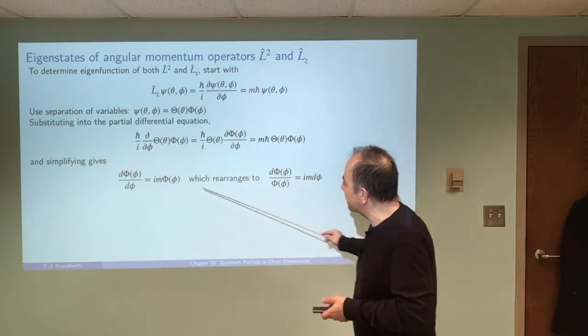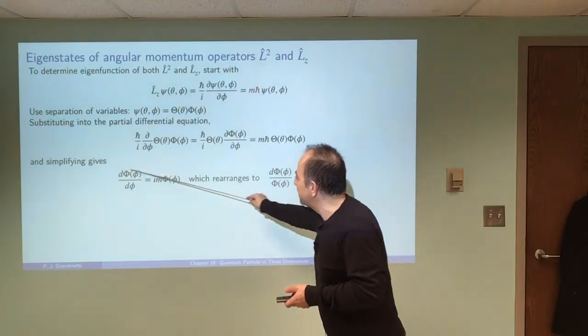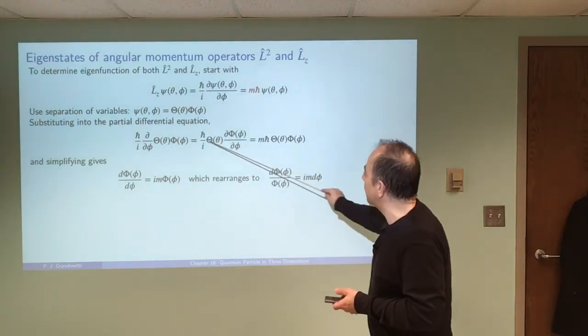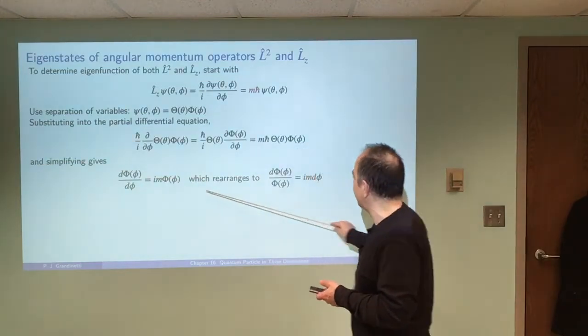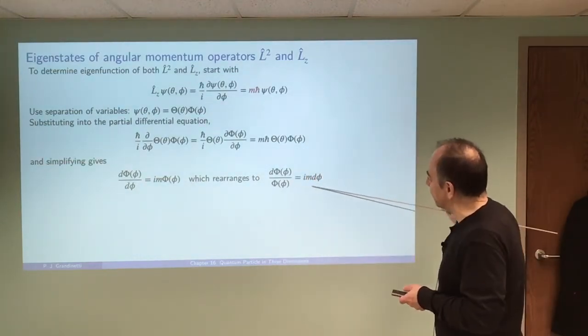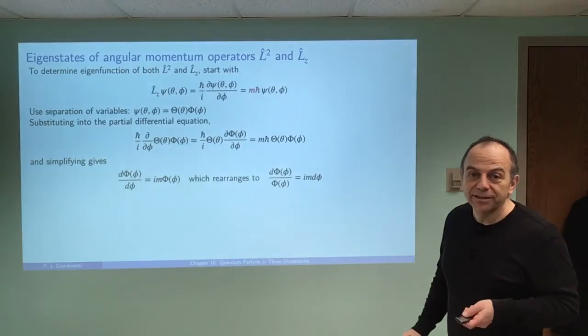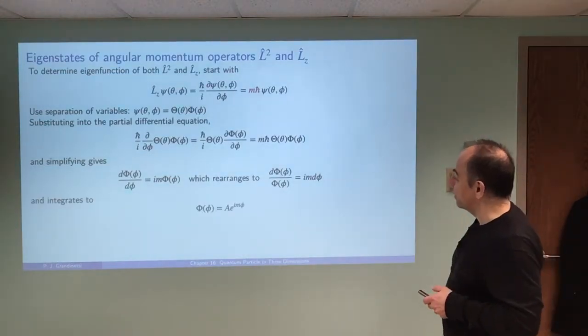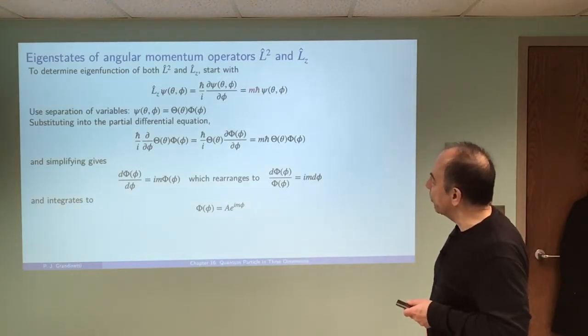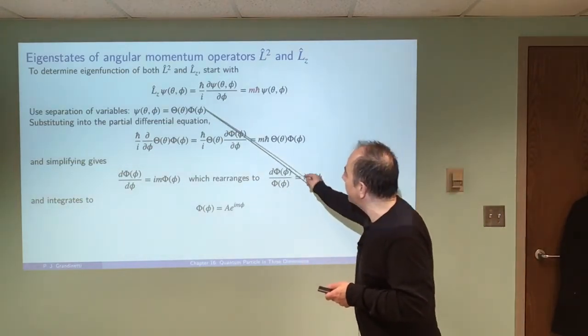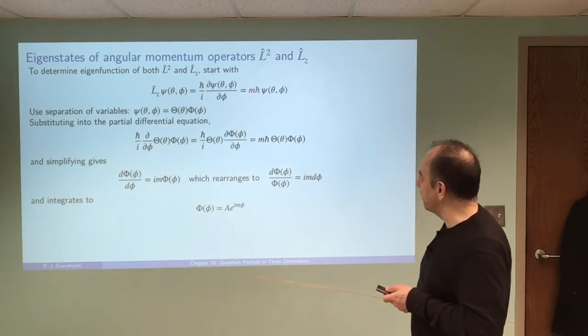It simplifies down to this expression, where we remove the h bar and the theta dependence, and we have only a phi dependence, which we can rearrange into this form. Now we have a very simple differential equation to solve, which has this solution here. So that's the solution for the phi part of this wave function.